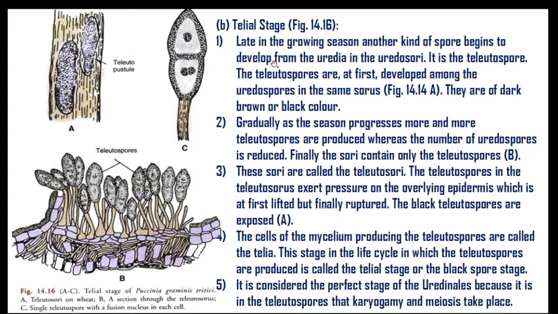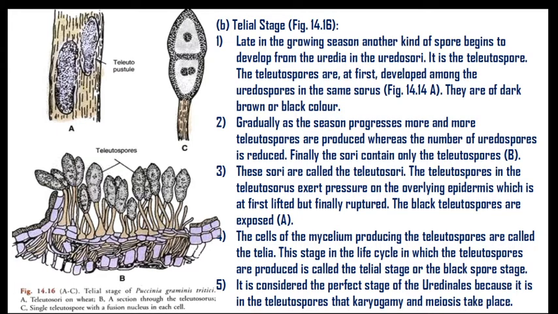Then this is the telial stage. Late in the growing season, another kind of spores begins to develop from the uredia in the Uredosori. It is the Teleuto spores. Teleuto spores are first developed among the Uredospores in the same sori, and they are dark brown to black in color. Generally, as the season progresses, more and more Teleuto spores are produced, whereas the number of Uredospores is reduced.